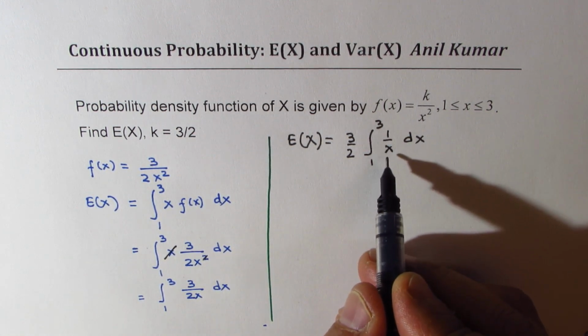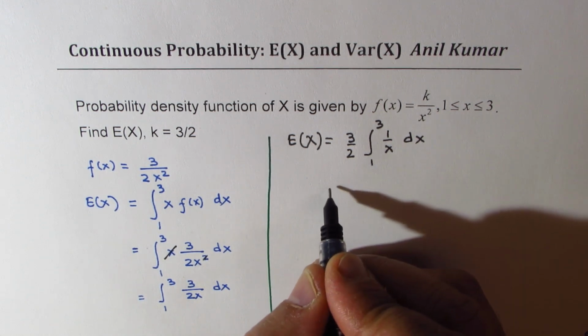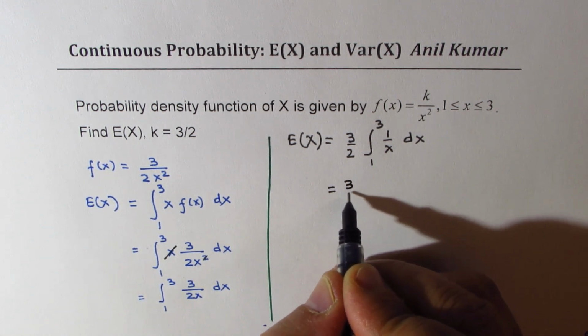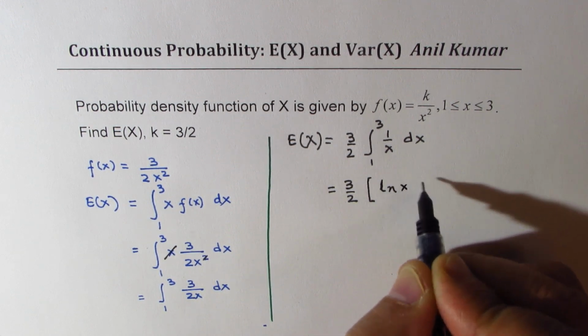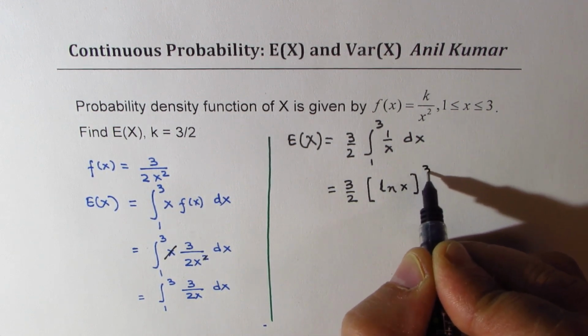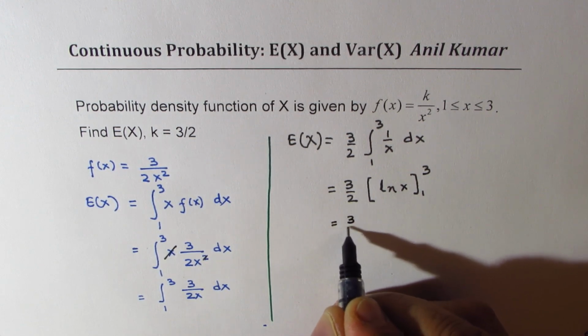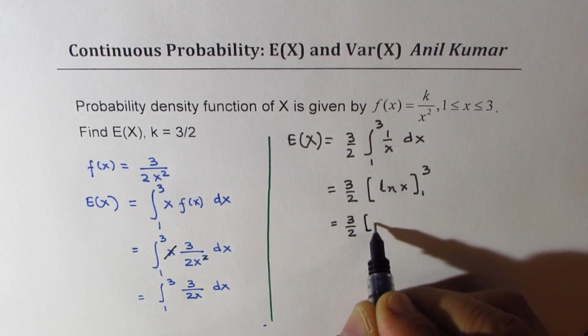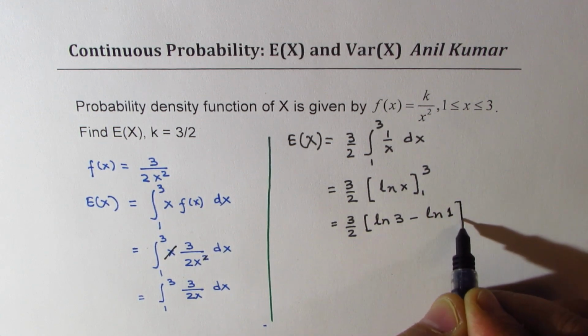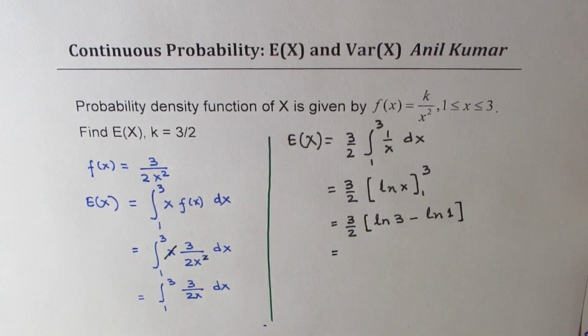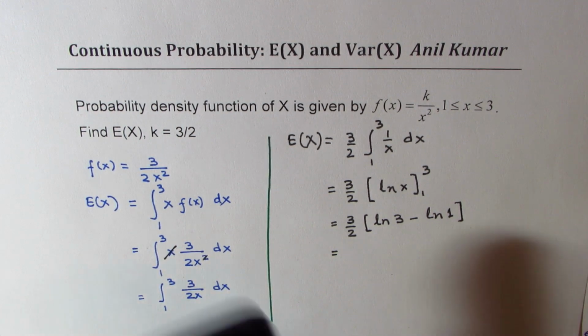Now the integral of 1 over x is ln x. So we get 3 over 2 ln x from 1 to 3. So that gives us 3 over 2 times ln 3 minus ln 1. Now we can use the calculator to find this answer.